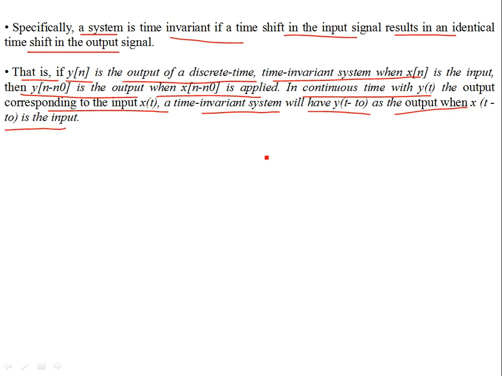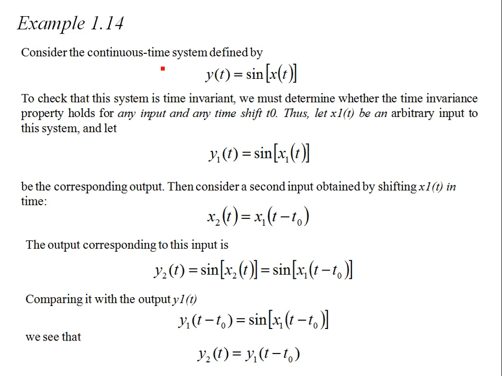Whether it is discrete time or continuous time, the input is delayed by a certain interval t0, and the output should also be delayed by the same amount, y(t minus t0). In that case, the system is time invariant. Otherwise, it's time varying. Let's take a few examples.